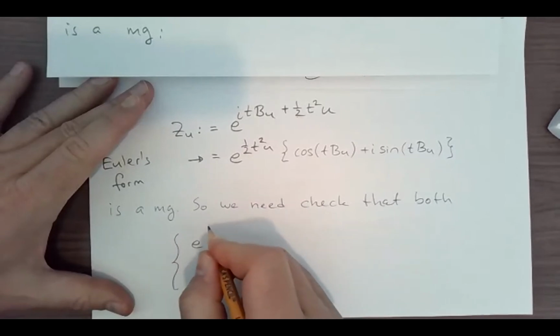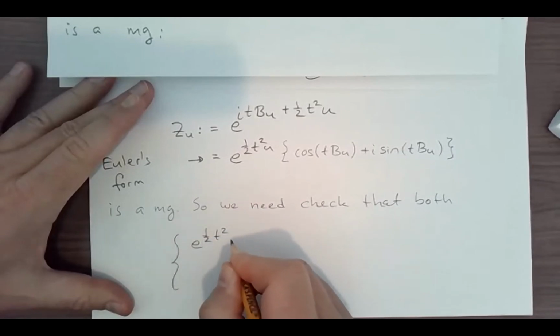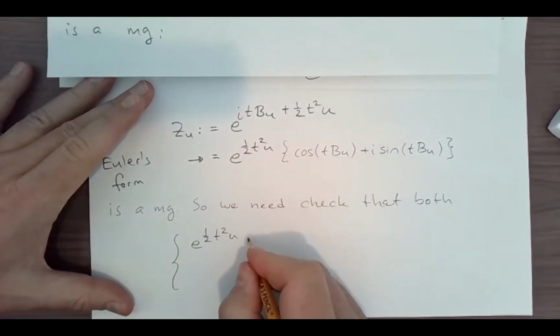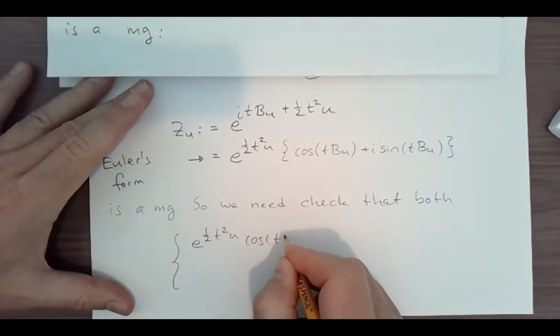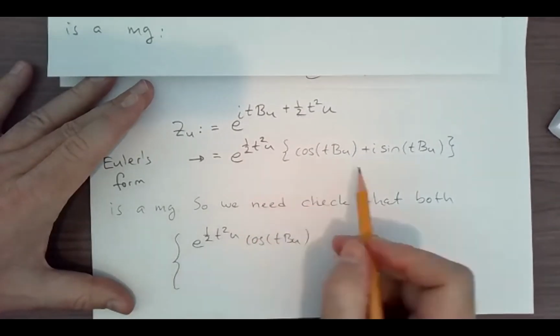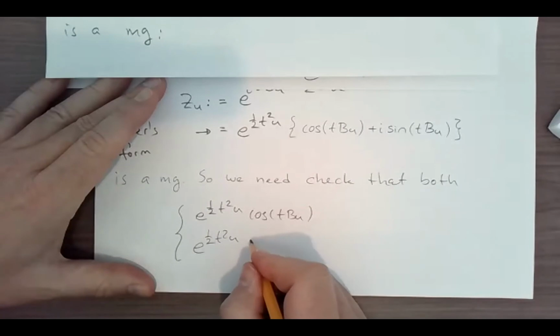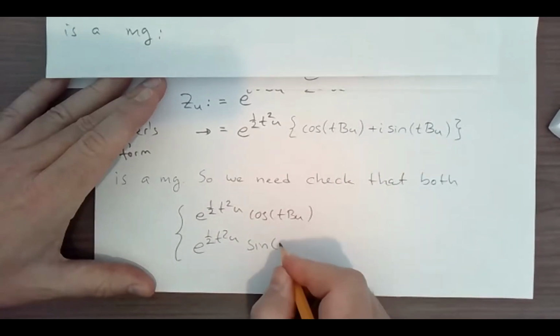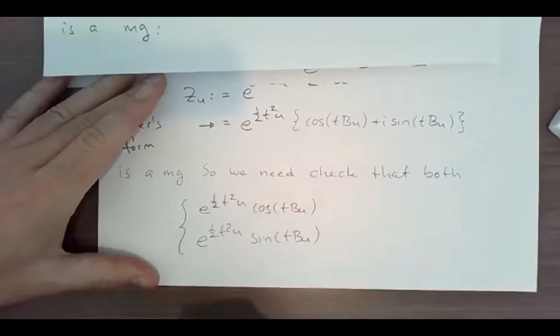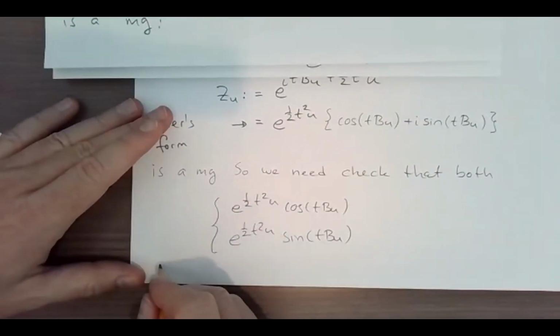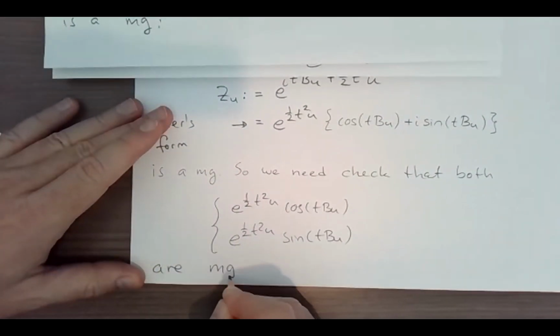We're going to get e to the 1/2 t squared U cosine t BU, that was the first part. And we need to check that e to the 1/2 t squared U sine t BU is also a martingale. We need to check that both these guys here are martingales.